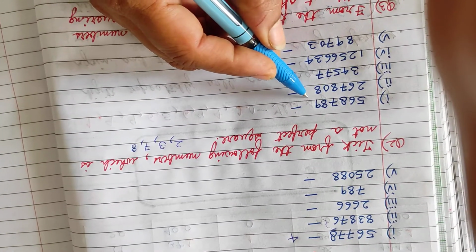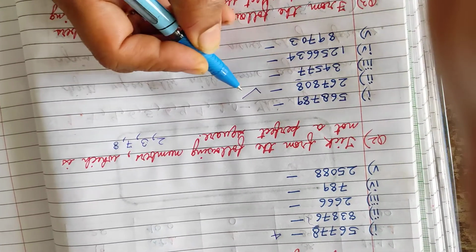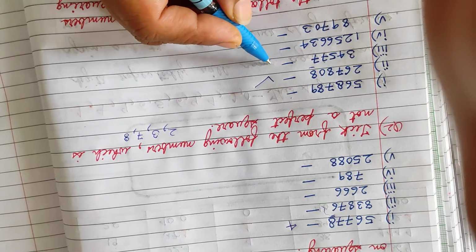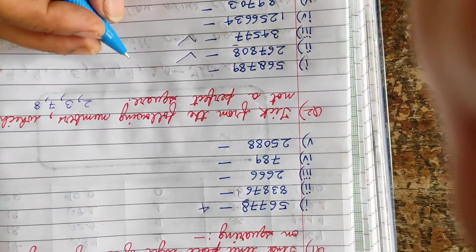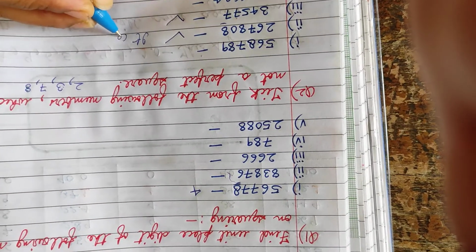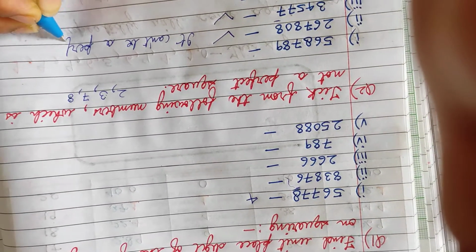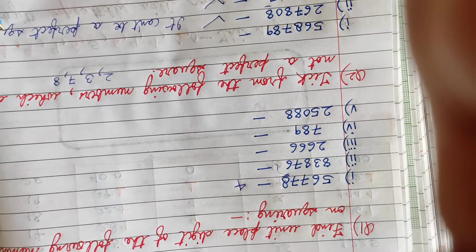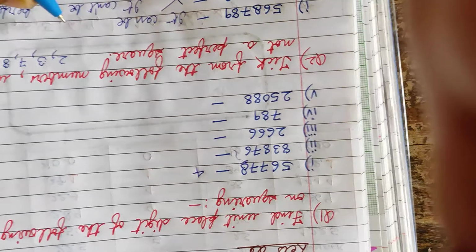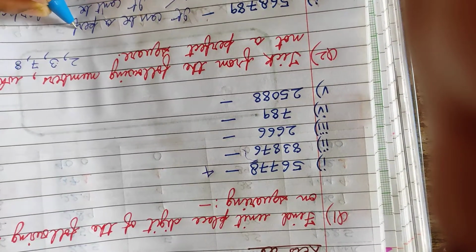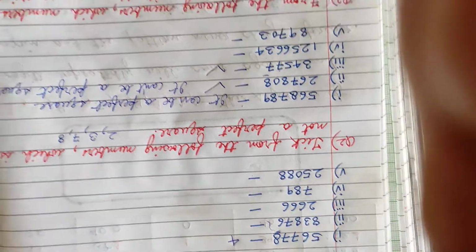So it can be a perfect square. 8, unit place is 8, that means it can't be a perfect square. Similarly, 7 is there, that means it can't be a perfect square. This way you have to tick. Or you can also write, it can't be a perfect square, and it can be a perfect square. Likewise, you can write in statements also.